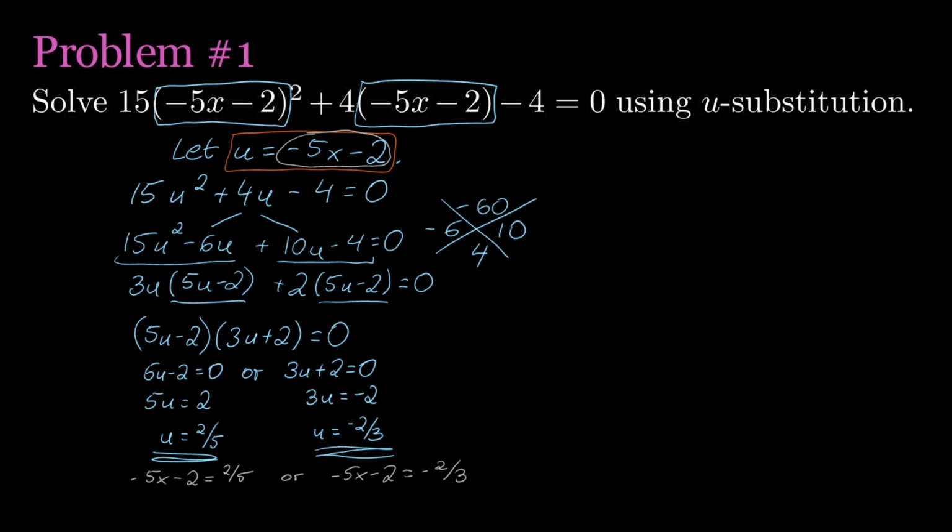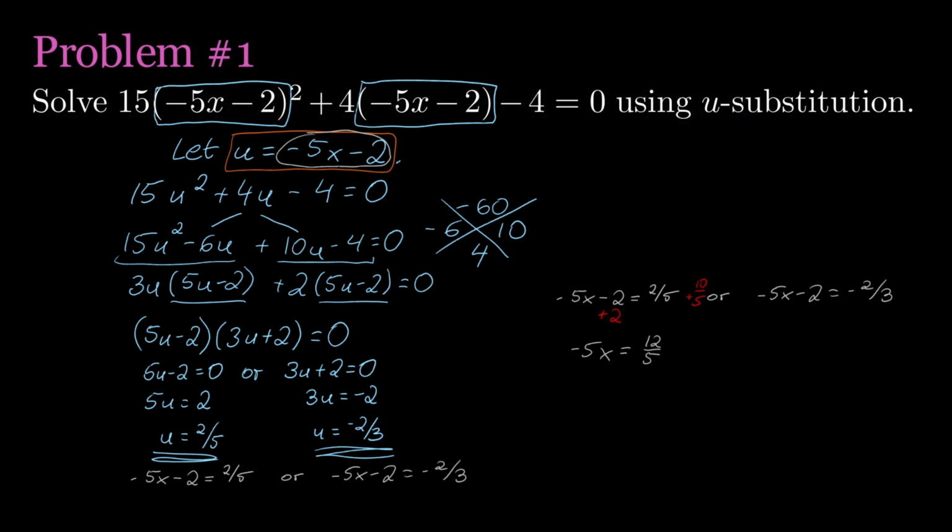Now these equations must be solved for x to obtain the solutions to our original equation. In the first one, we can start with adding 2 to both sides. On the other side, it's better to write it as plus 10/5. And we're going to get negative 5x equals 12/5.